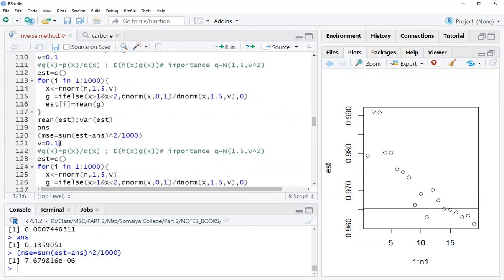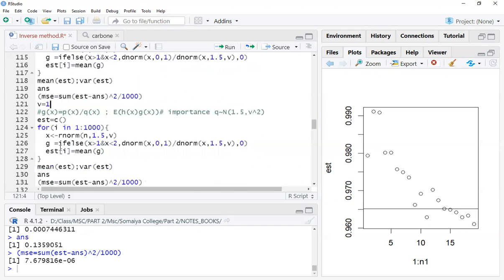You can do it for 1 and you can run once again. Okay, let me consider this is A1. So we can use it in this way.